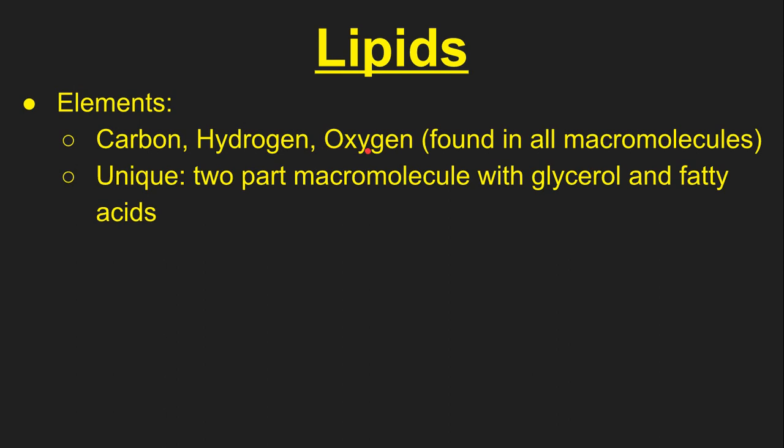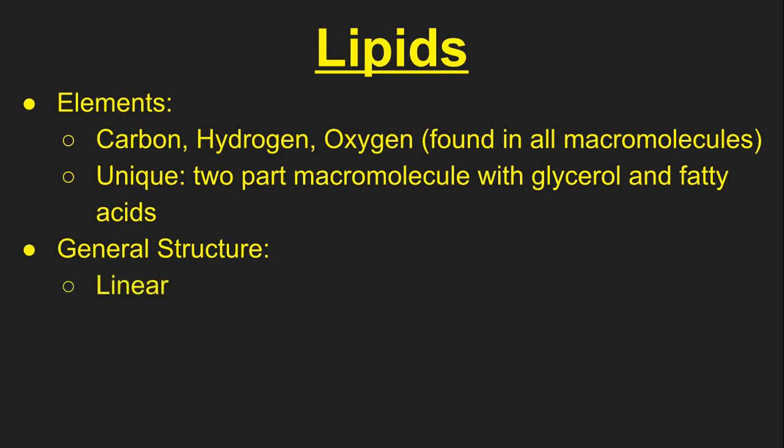You'd think that would be helpful, and it is for the most part, except carbohydrates are the same way. But if you're looking at something and you notice that it only has these three, that narrows it down to lipids and carbohydrates, because lipids do not have any additional elements, unlike proteins and nucleic acids.